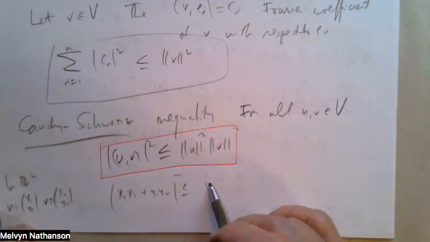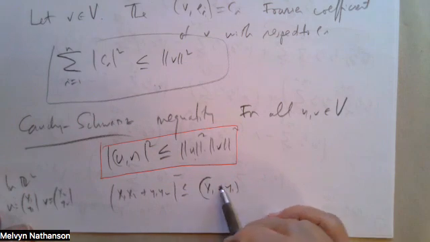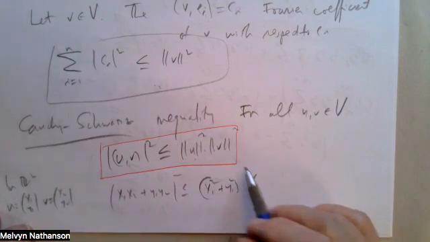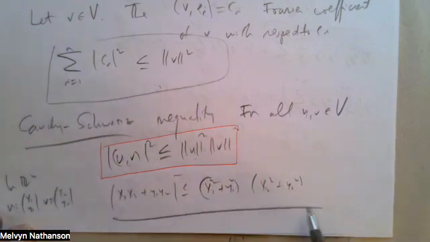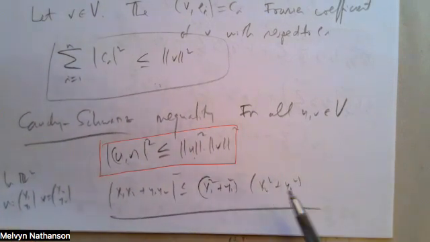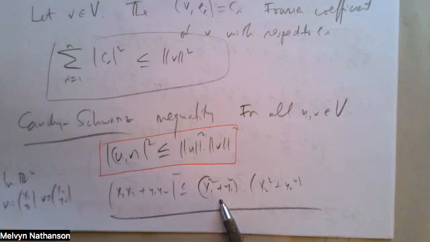The length of u squared is x1 squared plus y1 squared, and the length of v squared is x2 squared plus y2 squared. So this is a very interesting inequality for real numbers: for any numbers x1, x2, y1, y2, this expression is less than or equal to the sum of the squares here times the sum of the squares there. That is Cauchy-Schwarz.